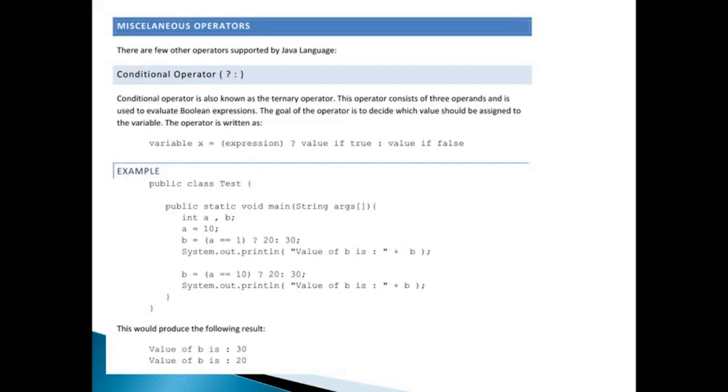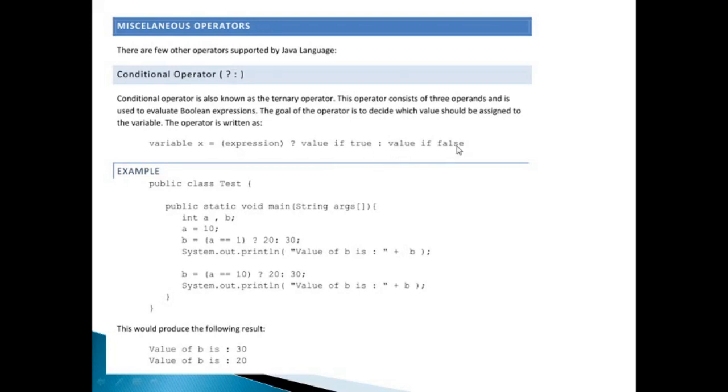The goal of the operator is to decide which value should be assigned to the variable. Focus on the syntax and how it works: variable x is equal to expression. Here you can write a conditional expression. If it is true, then this will be executed, and if it is false, then this will be executed.